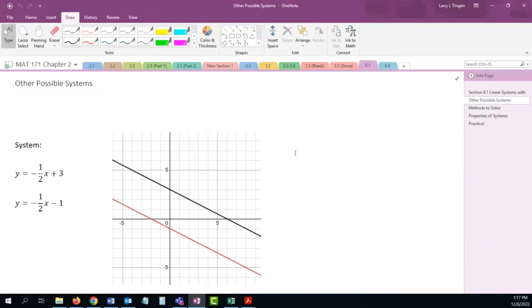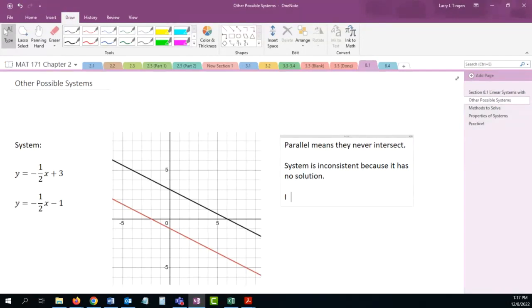Well, if they both fall at the exact same rate, they will be parallel to each other forever, and since they're parallel forever, they never intersect. Remember, a solution to a system of equations is the point where they intersect. If they never intersect, then this system is inconsistent because it has no solution.